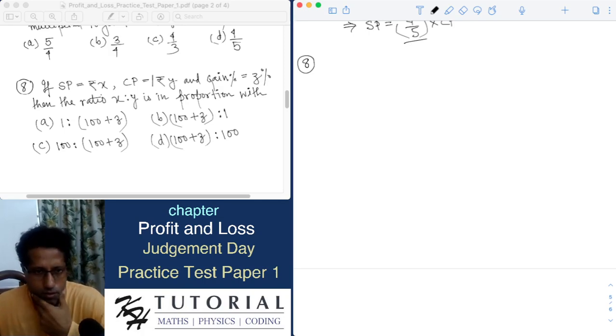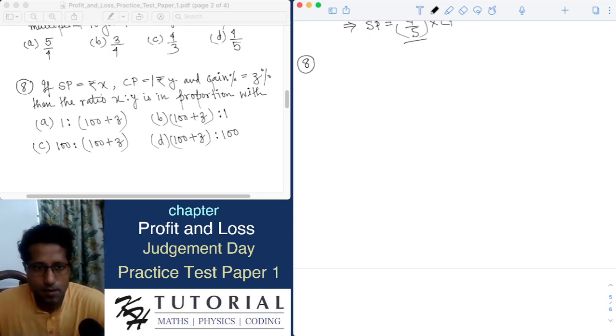So we have to select the ratio from the choices which is equal to X is to Y.